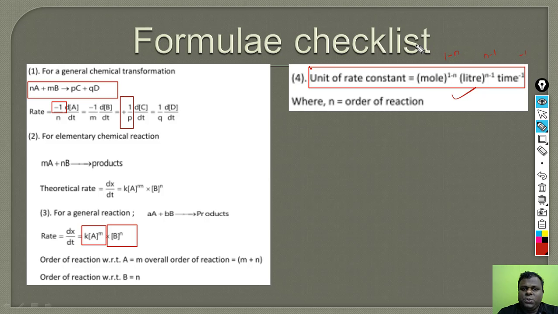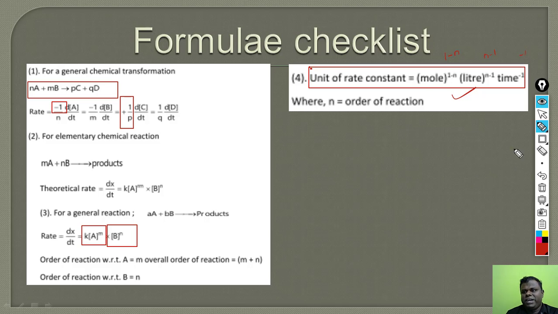So make sure that you don't commit this mistake. Every single numerical should have the given data, formula, the relevant substitution, the stepwise calculation, as well as the units written in a proper way. This is a very important aspect, and you are supposed to memorize the unit of rate constant: mol^(1-n) L^(n-1) time^(-1).